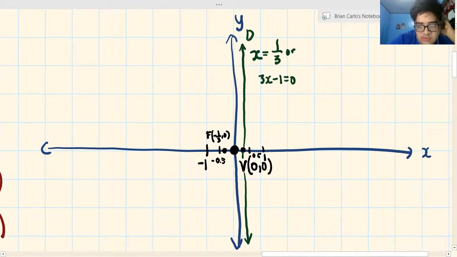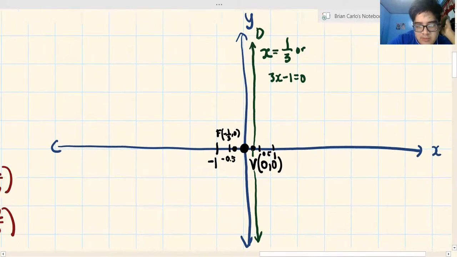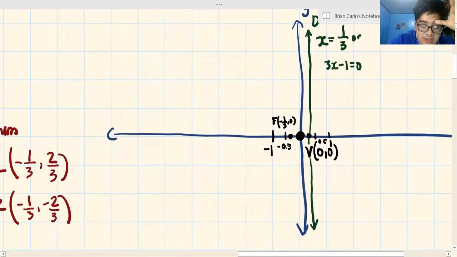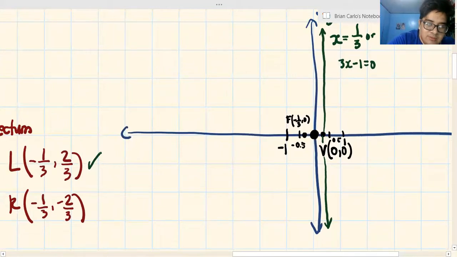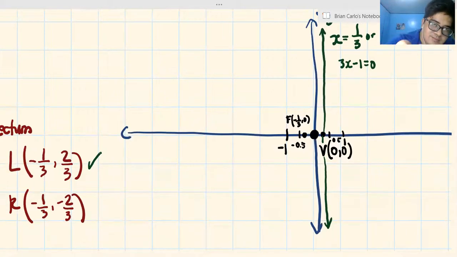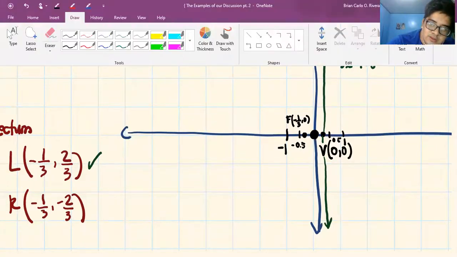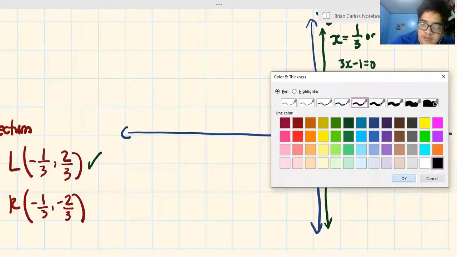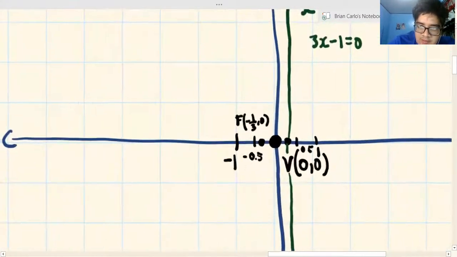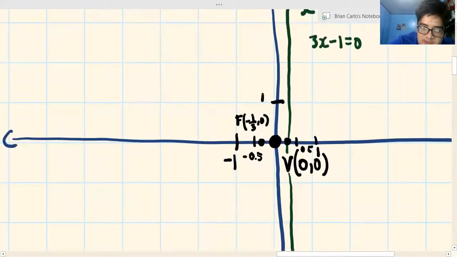Ito yung focus. Ngayon, paano natin malalaman yung endpoints ng latus rectum? Diba, ito yon (negative 1/3, 2/3). Ano ang 2/3? This is 0.6. Kaya maliit pa rin ang sakop natin. Ngayon, palitan natin ng kulay. Ngayon, i-zoom in natin. Ito kasi ang positive 1. Ito ang 0.5. So, ito yung 0.6.